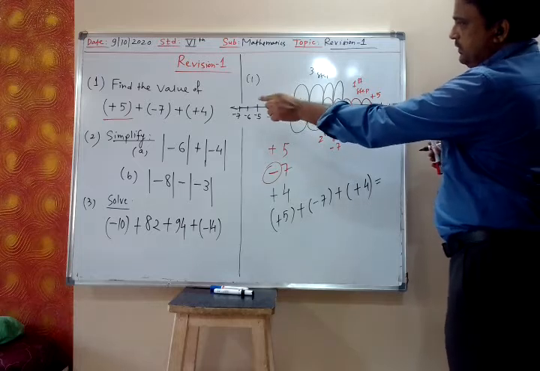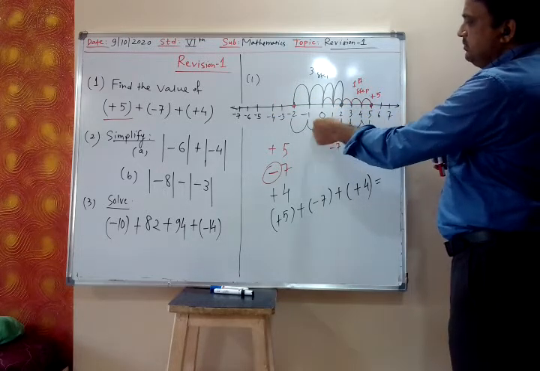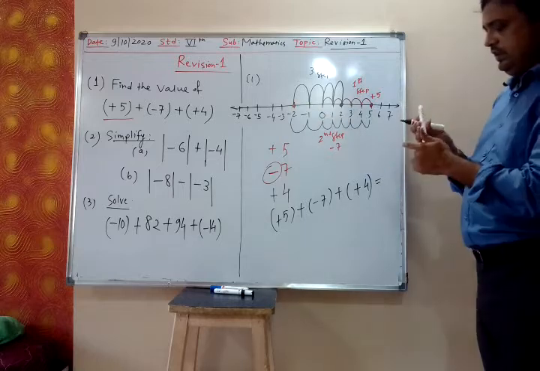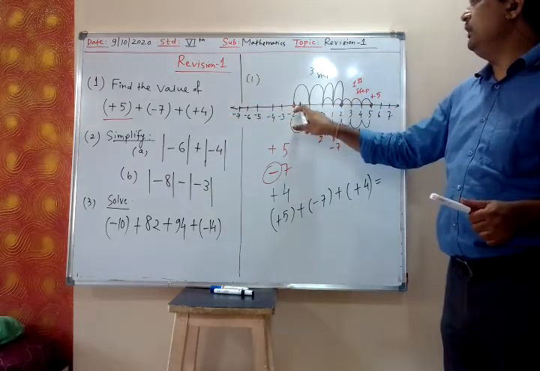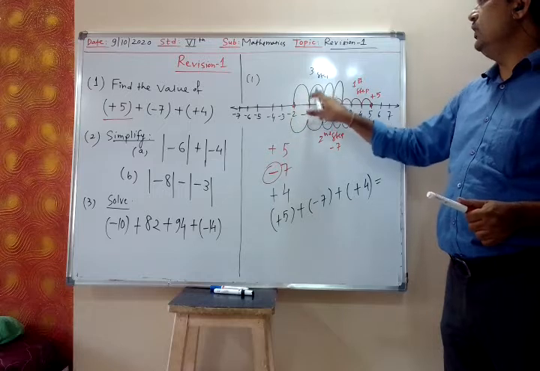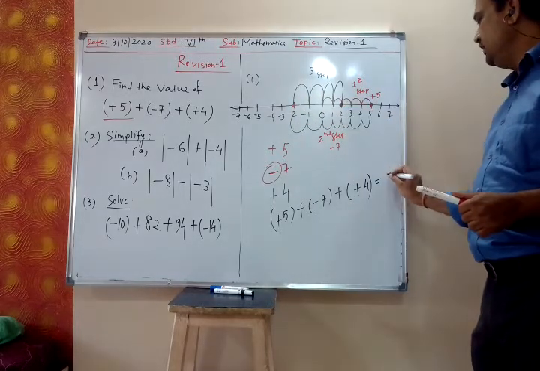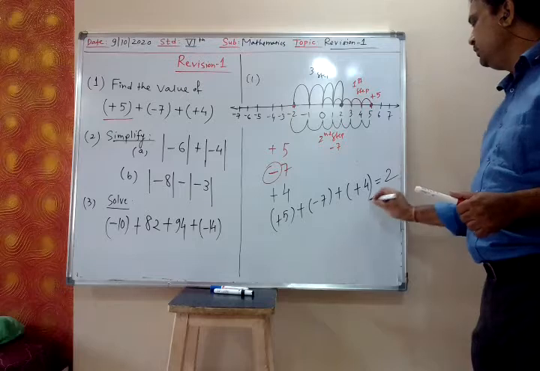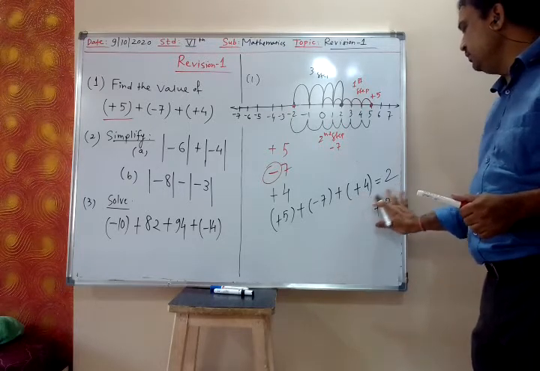Then for plus minus 7, we have to make 7 jumps to the left because it is minus. We reach minus 2. Then from minus 2 we want to add 4, so I have to make 4 jumps to the right. 1, 2, 3, 4. We reach the point 2. So the answer is 2 or plus 2. You can write plus 2 or 2.